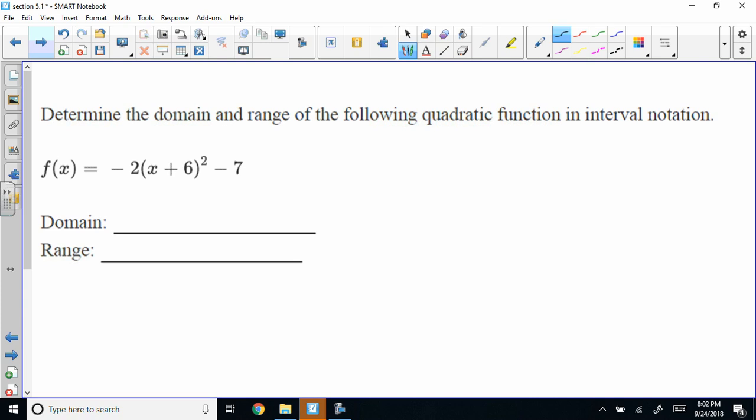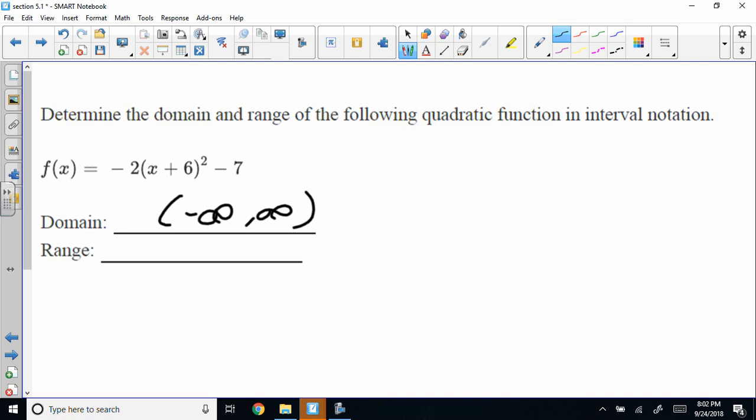All right, determine the domain and range of the following quadratic function in interval notation. Well, first off, the domain for every quadratic that we're going to come into contact with is always going to be negative infinity to positive infinity, period. The only things that trip you up are whether it's opening up or down, so there's a maximum or a minimum. How do we find that?